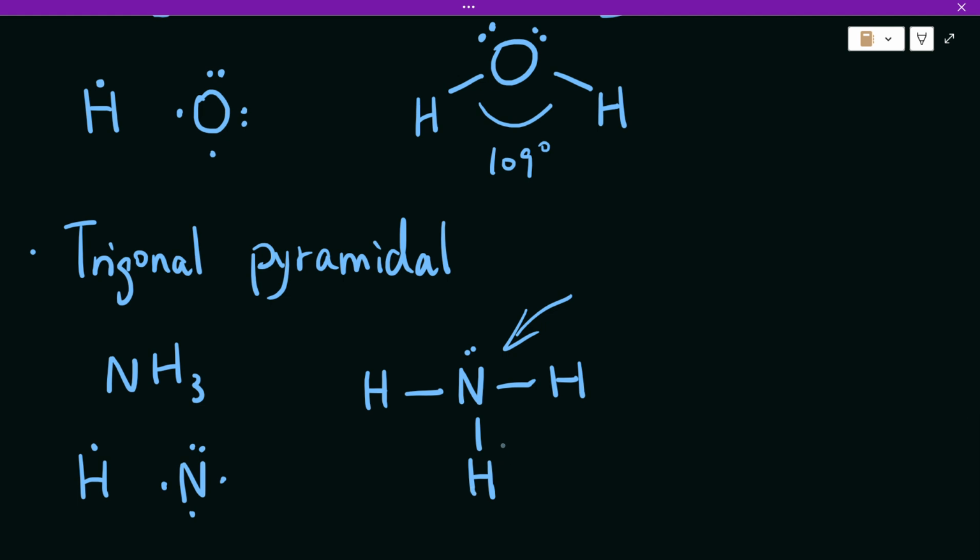Now we want to think about the shape. So in fact, this lone pair of the nitrogen will be placed on the top, and then the three hydrogen atoms will form a shape like a triangular pyramid. So this would be the nitrogen, and these three would be the hydrogen.